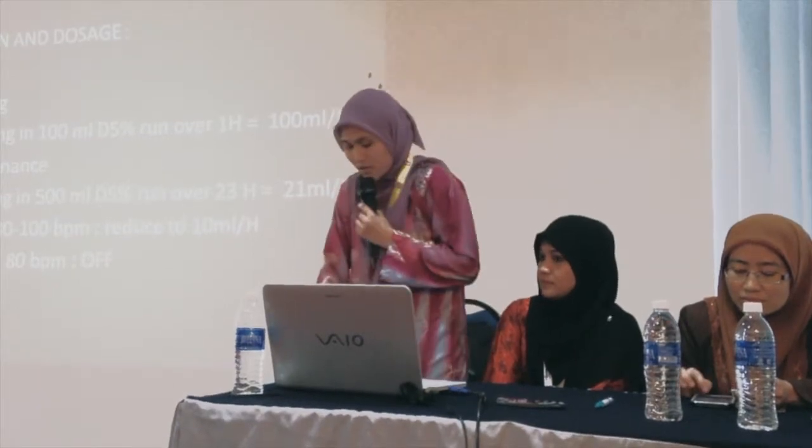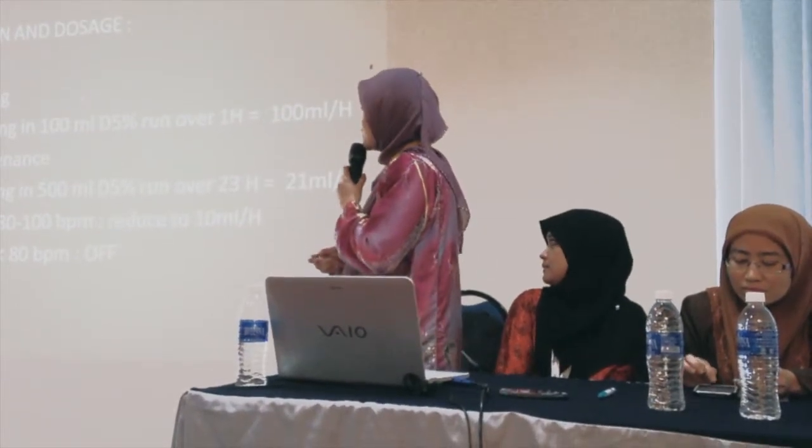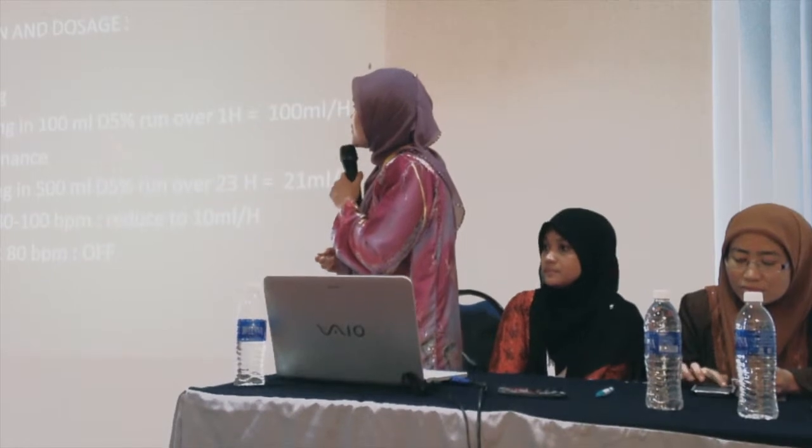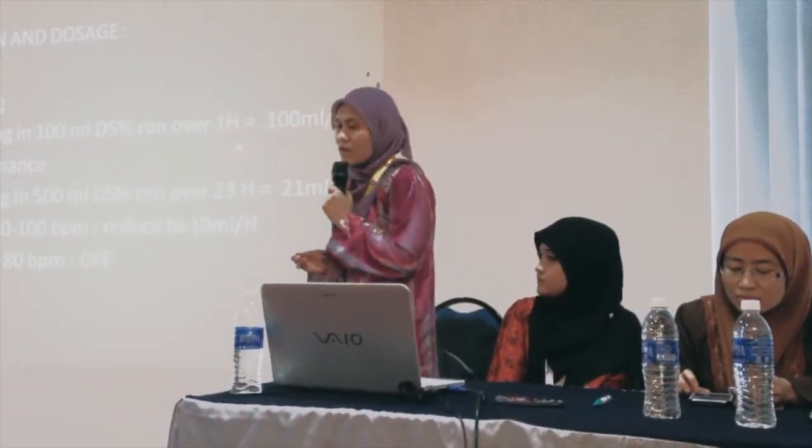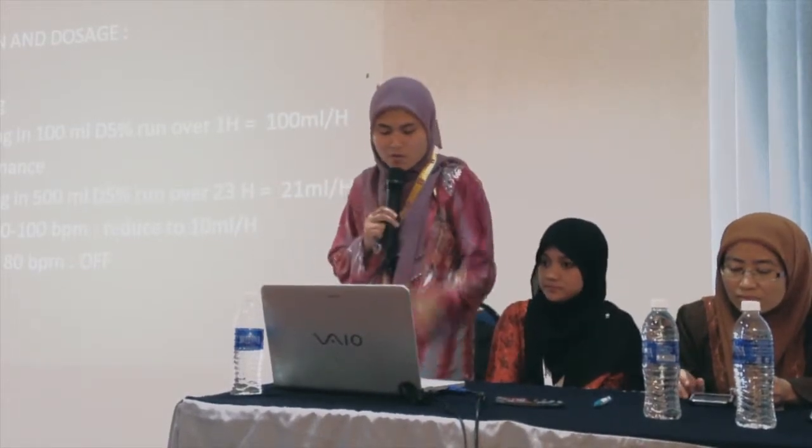Okay, so here the loading dose is 300 mg in 100 ml dextrose 5%, run over 1 hour, equals to 100 ml per hour. Okay, anyone knows 1 ampule of amiodarone consists of how many milligrams?